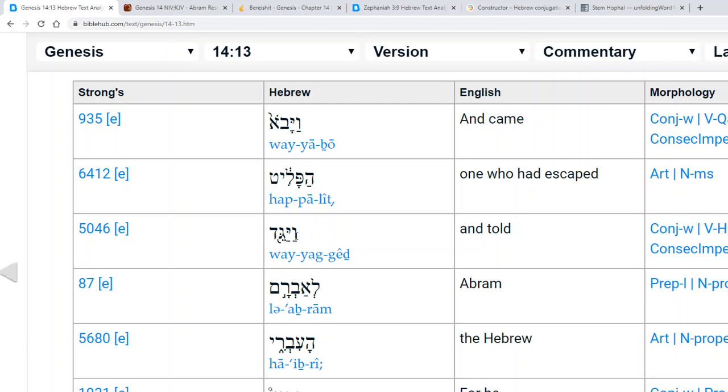Vayaged. So conjunctive of, the yud puts it in the imperfect, which gets flipped. The root, I would say here, is hey gimel daled. They're saying it's in the hefil, I guess.